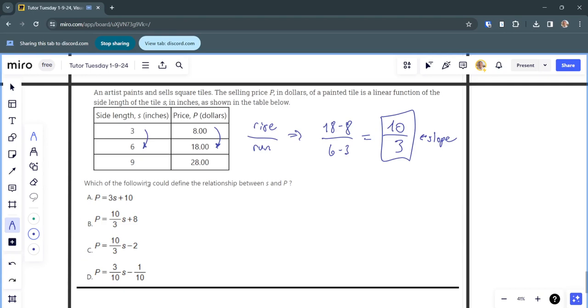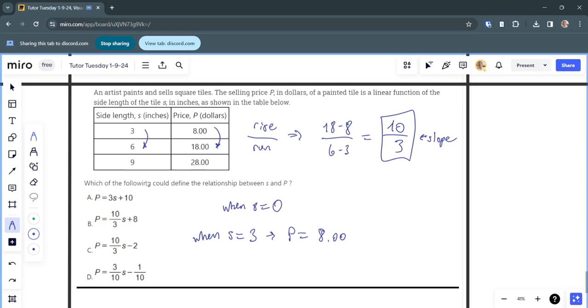And then we just have to choose the correct y-intercept. It's not going to be 8, right? 8 is when S is equal to 3. We want when S is equal to 0. The way we could find that is by taking when S is equal to 3, then P is equal to $8. Then we can use the slope, knowing that for every 3 units that we go up in S, the price has to go up by 10.